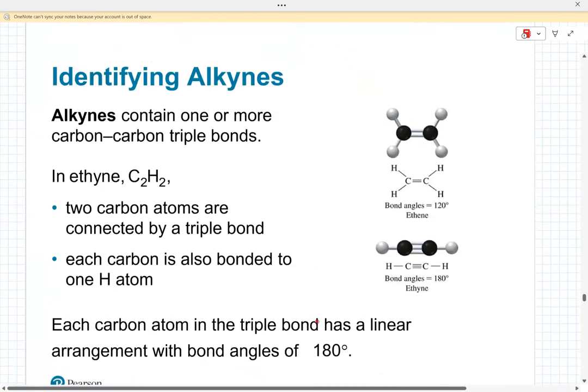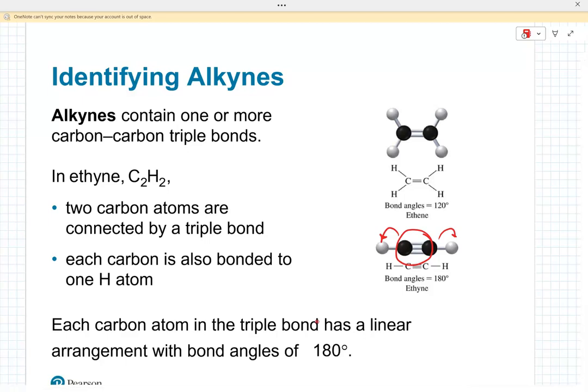Alkynes. In alkynes, 2 carbons are connected by a triple bond, and each of them is connected to another hydrogen, which means the bond angles are all going to be 180 degrees, because this is the optimum. They are all arranged in a straight line. Okay?